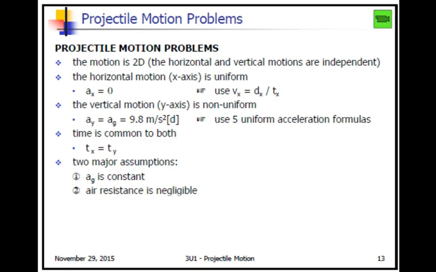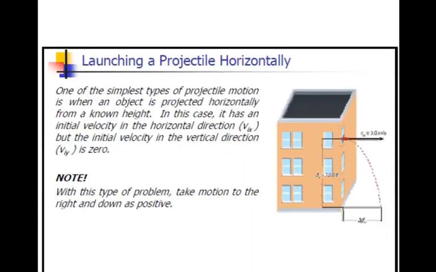The vertical motion, we have an acceleration due to gravity of 9.8 meters per second squared down. We can use those 5 uniform acceleration formulas. Time is common for both. So the time of flight is the same. And there's the two assumptions we make: g is constant, air resistance is negligible.